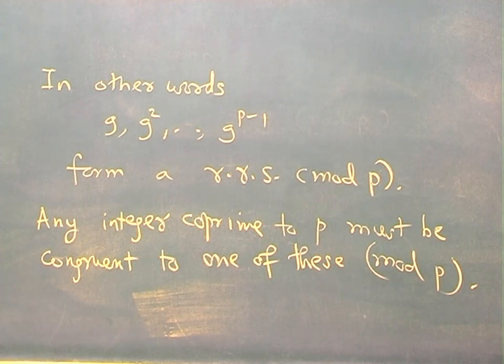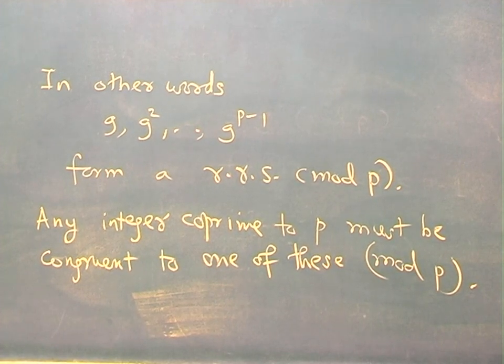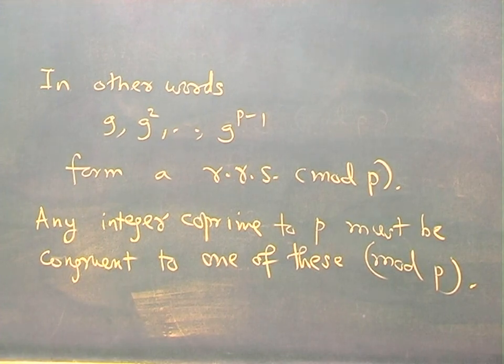Now, we are reduced to finding elements of order p minus 1 from this set, because this is a reduced residue system.